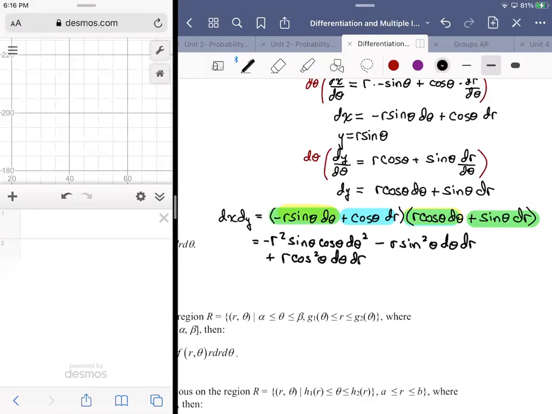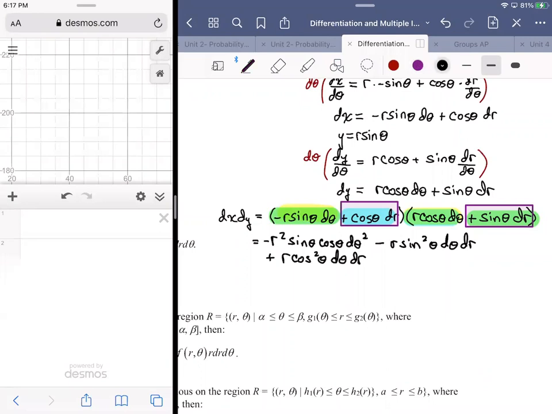And then finally, do this in a different color. Product of this one and this one. Sine cosine dr squared. Okay.